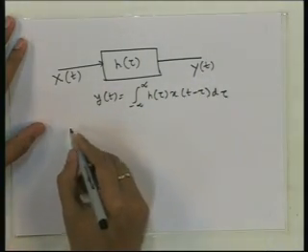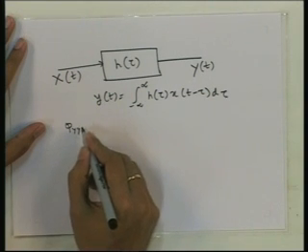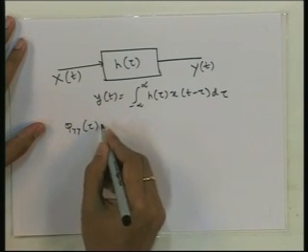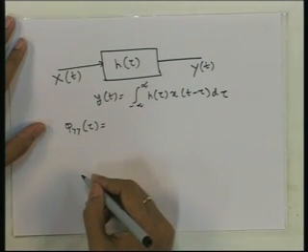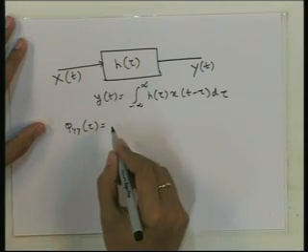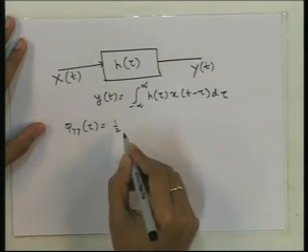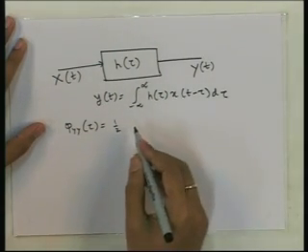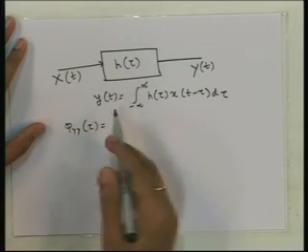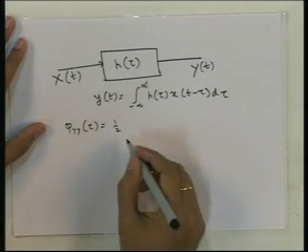So, phi_yy(tau) is, we consider in general a complex process. For real also it will be a similar derivation.